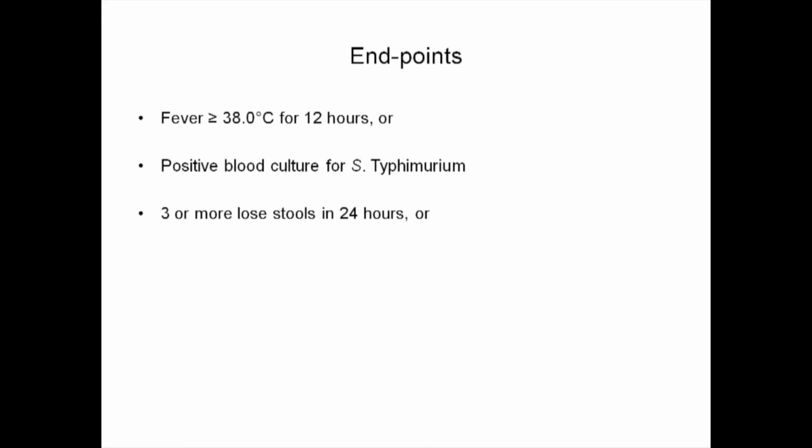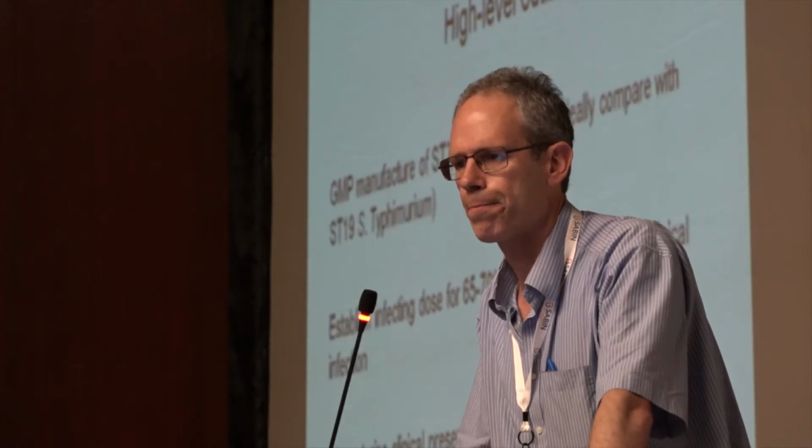We certainly know if we do increasing frequency of blood cultures, we occasionally pick up positive blood cultures without symptoms, which we didn't think we were getting before. And I think we're going to have a gastroenteric endpoint as well, and there needs to be some question about quite what we use for that. Would it be 3 or more loose stools in 24 hours, the classical diarrhea description, or something else?